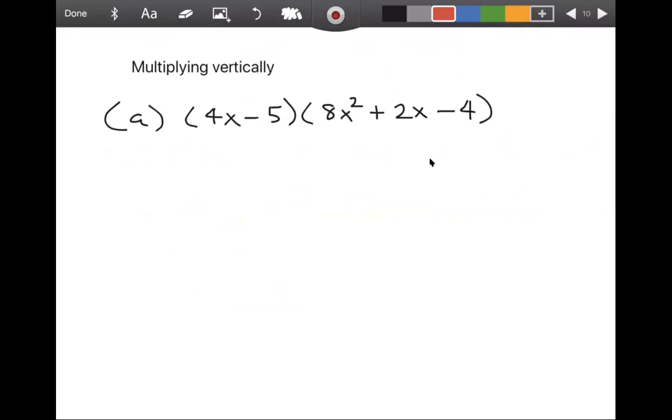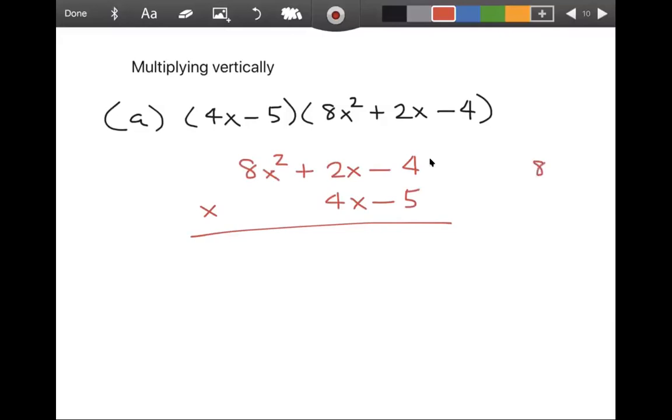So what you can do as an alternative is set it up like you're multiplying two numbers. What I like to do is put the longer polynomial on top and the shorter one on the bottom. And then it's just like you're doing 824 times 45.